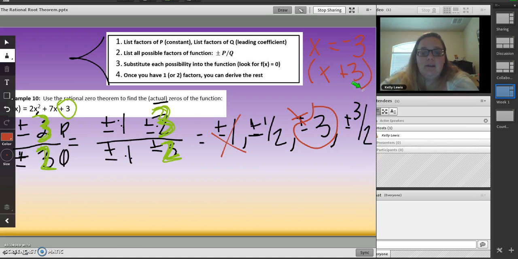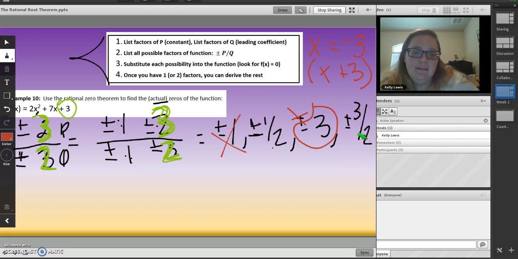Okay, so your choice is this. You can go through and plug in these others, okay? Or you can use synthetic division and divide out. So for example, if I'm going to use synthetic division, by the way, I know that there's only 4 other numbers to plug in, but we're going to have some that have 6 other numbers, 8 other numbers, and it's a little time consuming.